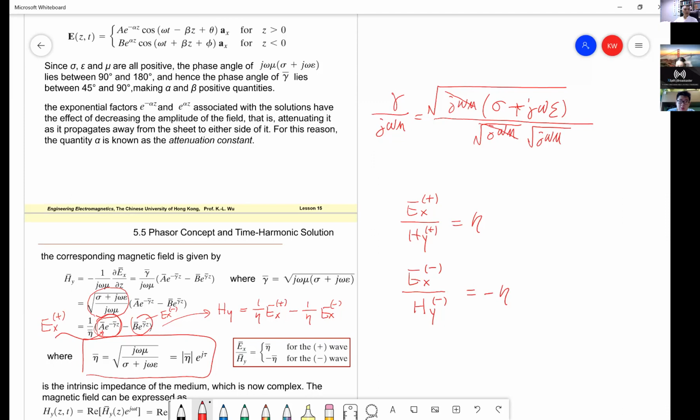So this follows the same rule as in the discussion for the lossless case when sigma equals 0. It's the same thing. The only difference right now is that this is a complex number.